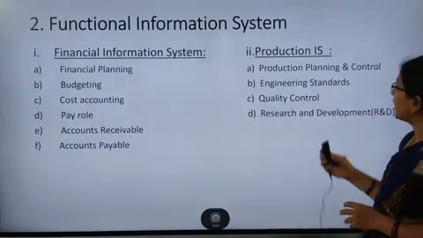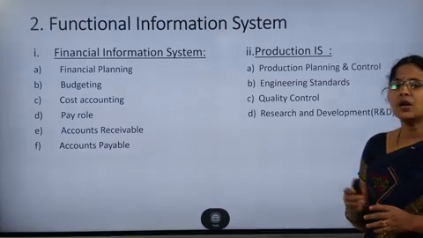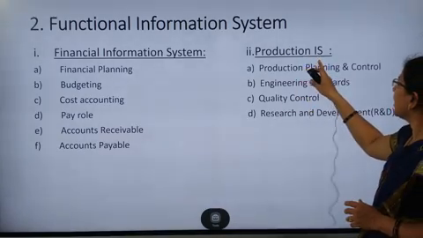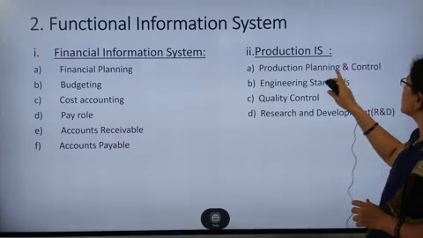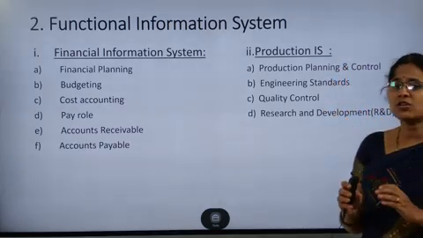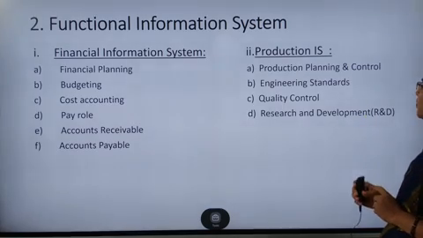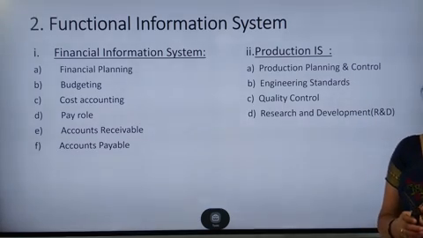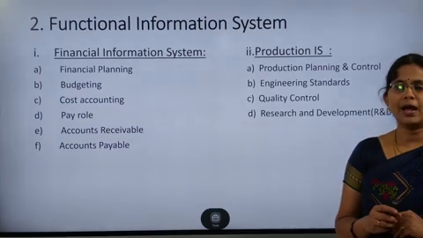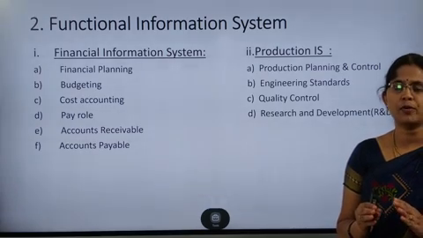And coming to the second one, that is production IS. It is nothing but production information system. Okay. In the production information system, the first major activity is production planning and control. It means, let's say I have to manufacture 1000 products today.